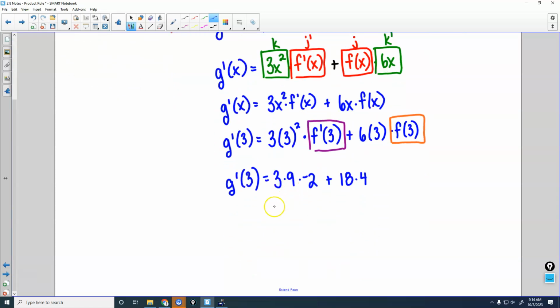Okay, so we got 27 times negative 2 plus, 18 times 4 is going to be 72. And then if we double 27, it's going to be negative 54.